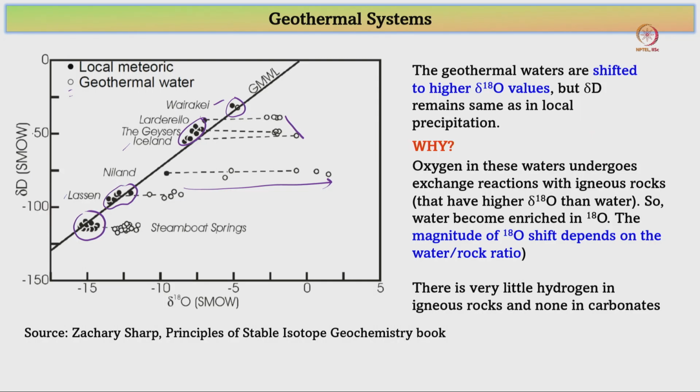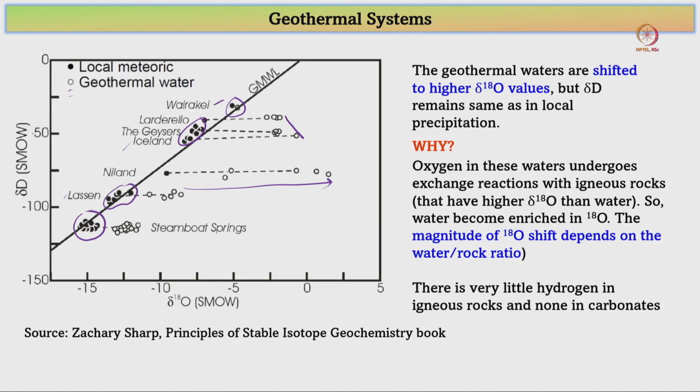So, the question comes, why is this shift only in the 18O axis and not in the delta D axis? It is because when it is getting heated to very high temperatures, exchange reactions start forming with the igneous rocks. During this kind of reaction, the 18 oxygen of the water gets exchanged with the oxygen in the minerals, in the rocks. Okay. Now, minerals and rocks are very stable phases, right?